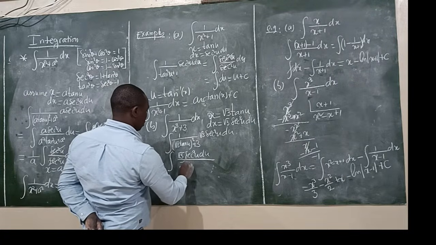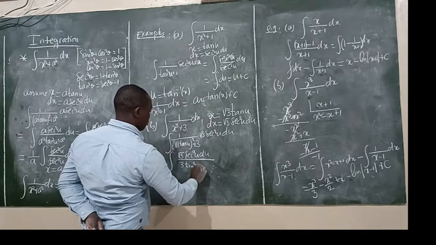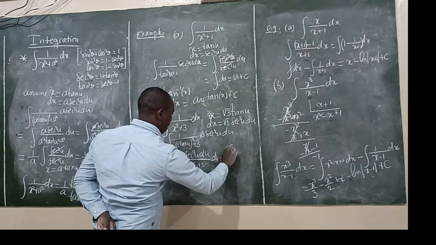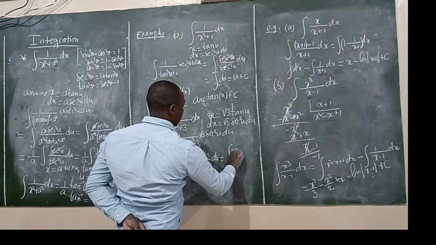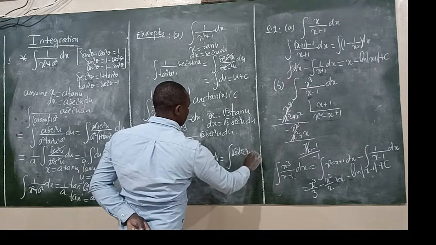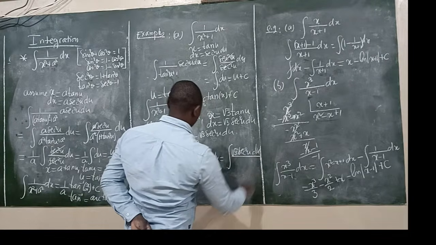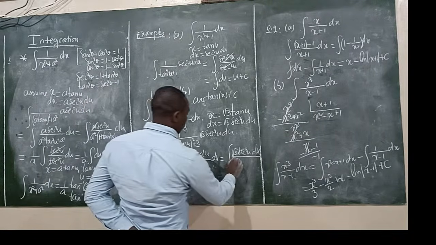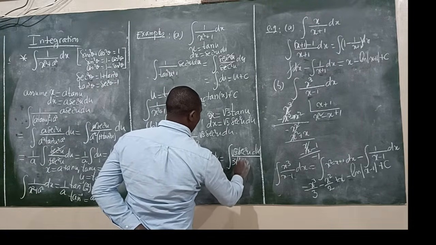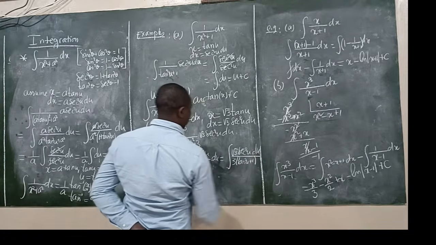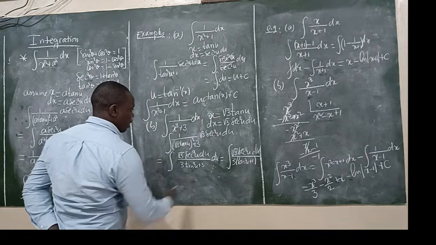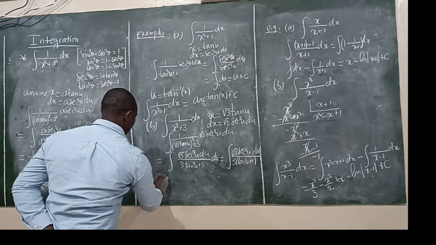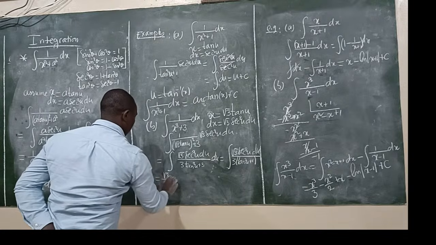That is 3 tan squared of u plus 3 du. Here we have root 3 sec squared u du divided by, let's now factorize by 3 here, because 3 is common. Factorize by 3, we have tan squared u plus 1. Okay. We are going to take root 3 over 3 out of the integral sign, so that it will be written here. Let's have root 3 over 3.